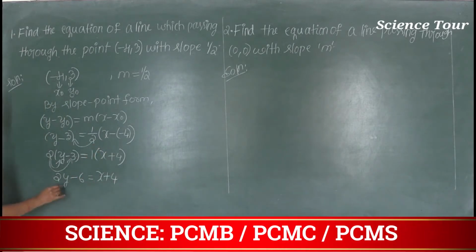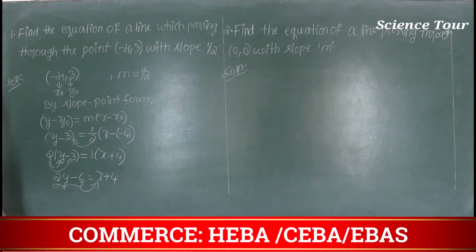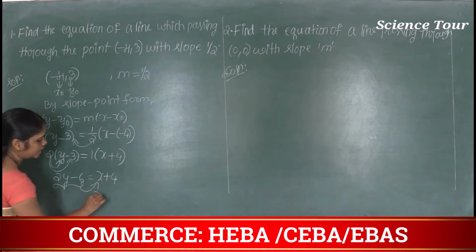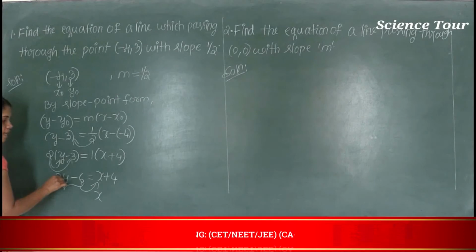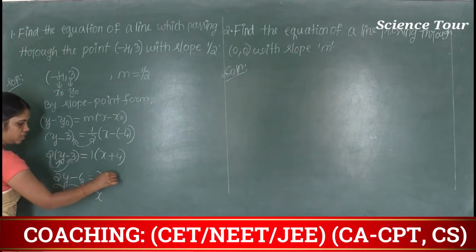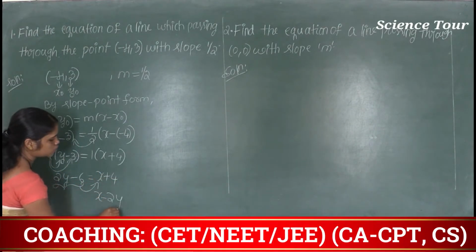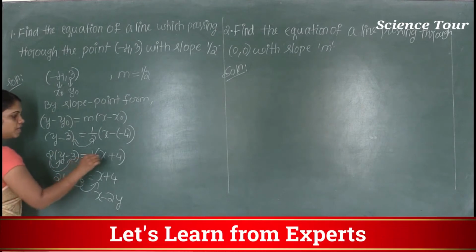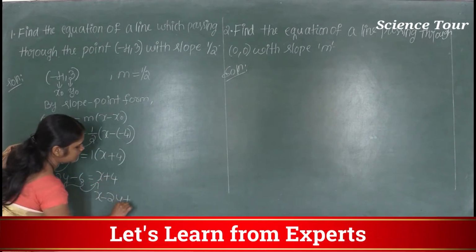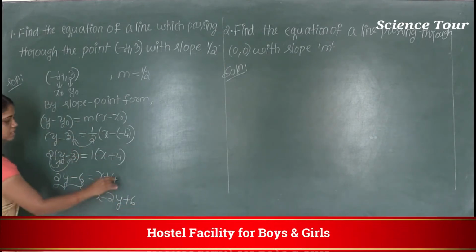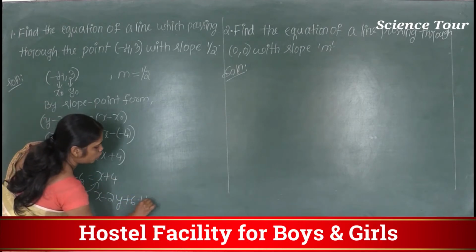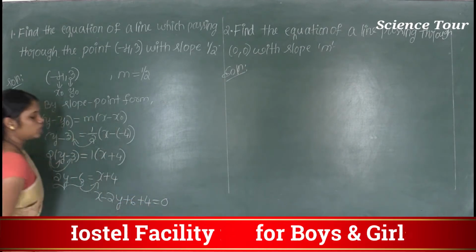Okay. So now shift these two terms to the right hand side. In the left hand side x is already there. While this 2y comes to the left hand side, it will become minus 2y. Again while this minus 6 comes to the right hand side, it will become plus 6. Next plus 4 is already on the right hand side, equal to 0.